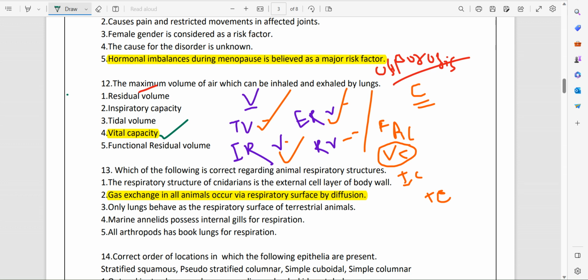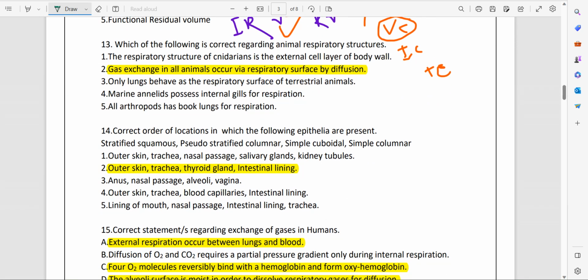The next question, which of the following is correct regarding animal respiratory structures? If we take the first statement, the respiratory structure of cnidarians is the external cell layer of the body wall. The point is that they don't have a body wall.